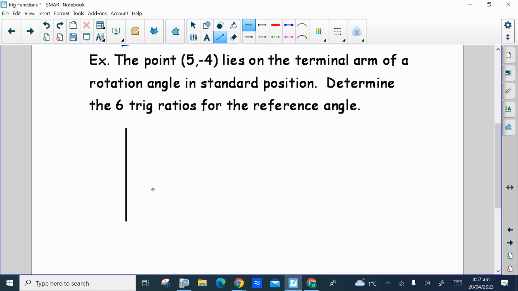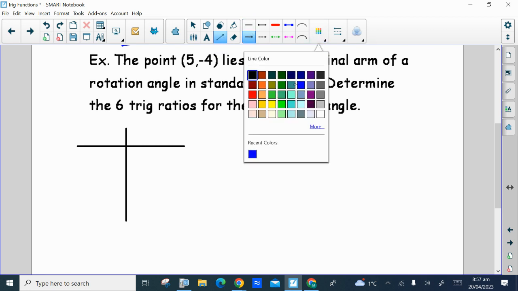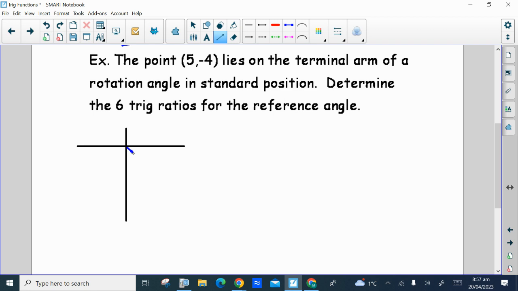So (5, -4) lies on the terminal arm of a rotation angle in standard position. So this means that you're in the 4th quadrant, because you got to go 5 to the right and 4 down. So maybe something like that. We always draw a line perpendicular to the x-axis from the end of our terminal arm.